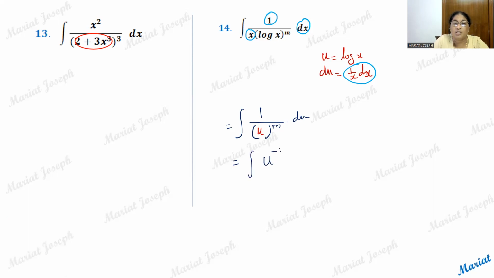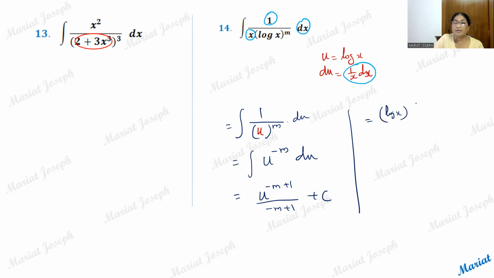Writing it as u raised to the power minus m du. Integration will be u raised to the power minus m plus 1 upon minus m plus 1. That is log x to the power minus m plus 1, which can be written as log x to the power 1 minus m upon 1 minus m, plus c. That was question 14.